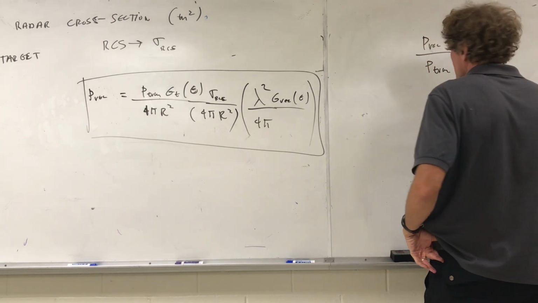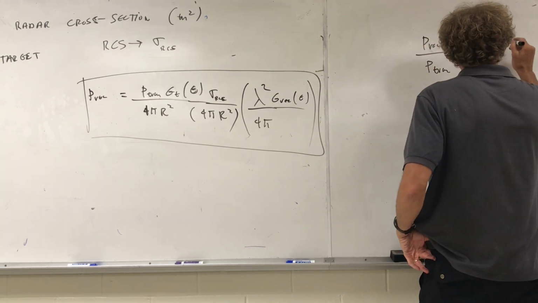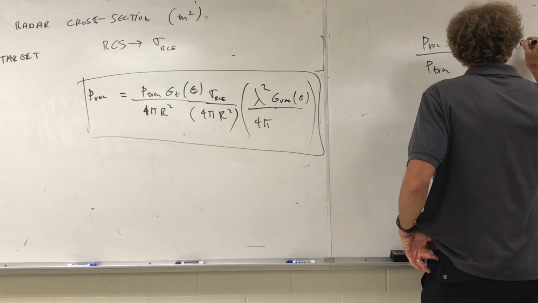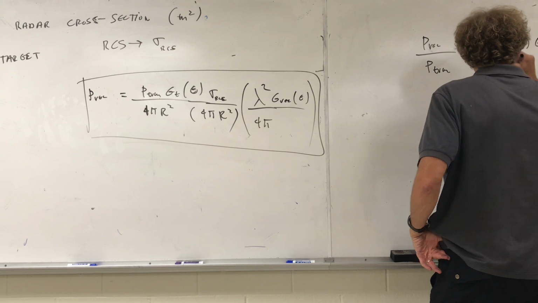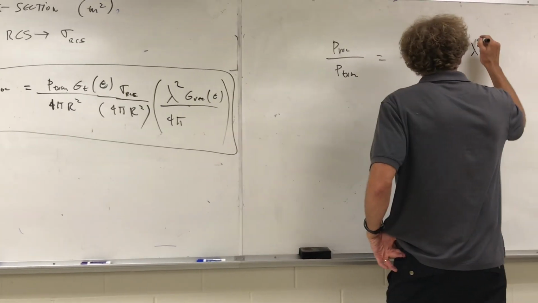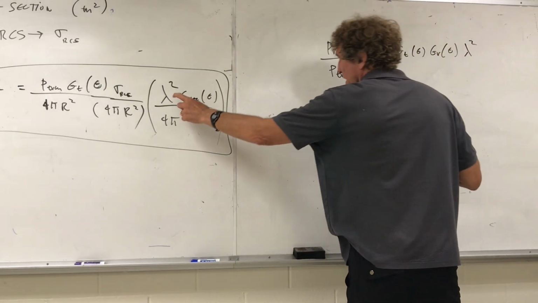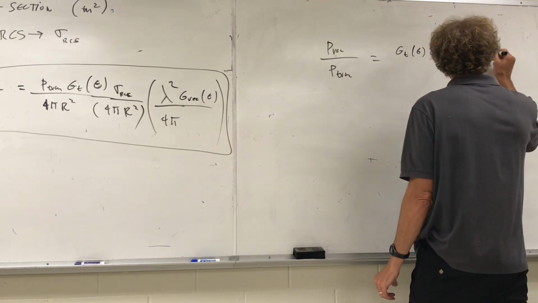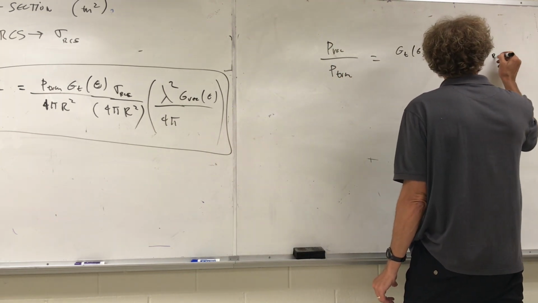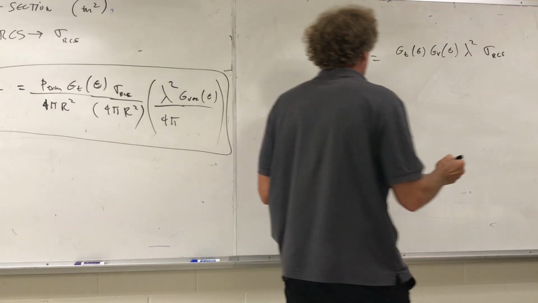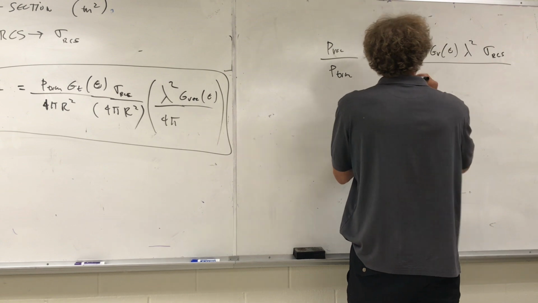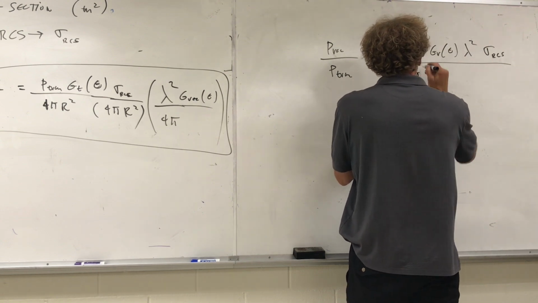If you look at this, the gain of the transmitter times gain of the receiver. They're usually the same. Then it's proportional to lambda squared, and it's proportional to the size, the electrical size, of the object you're striking. It's also divided by 4 pi cubed.